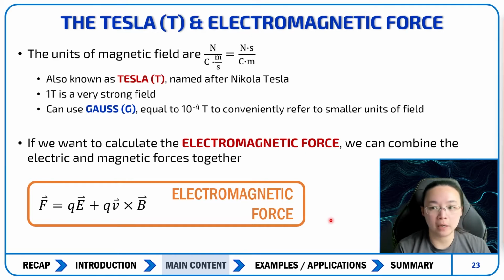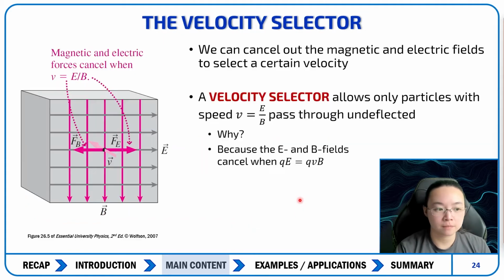Another thing to keep in mind is that the magnetic force depends on velocity, but the electric force does not. We can actually cancel out the magnetic and electric fields, so B and E, to be able to select a certain velocity for our application.